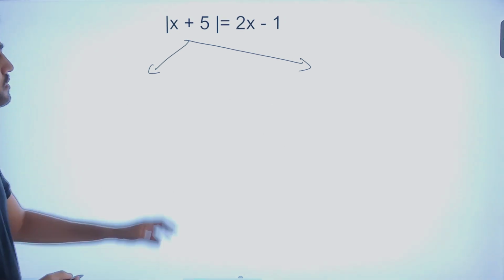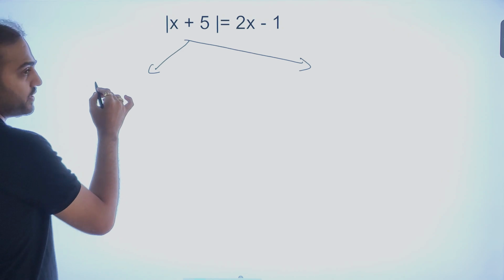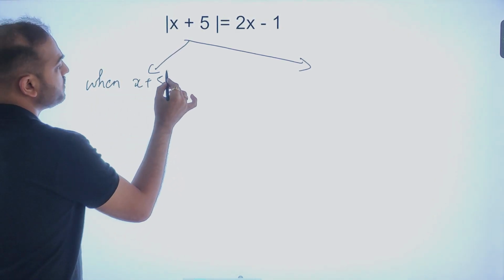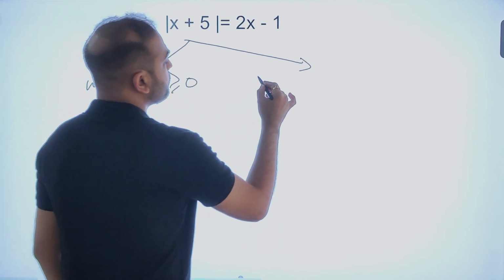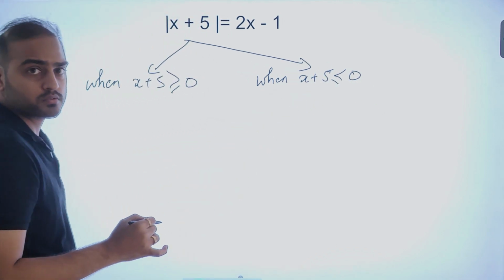Again, what do we do? Break it into two parts. Before we break it into two parts, we write down the condition: when x plus 5 is greater than or equal to 0, when x plus 5 is less than or equal to 0.